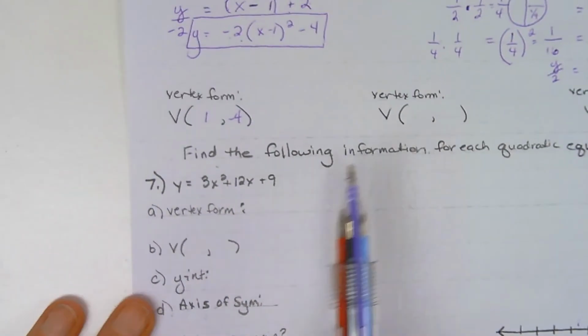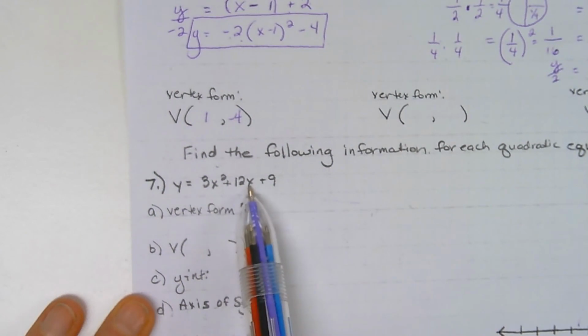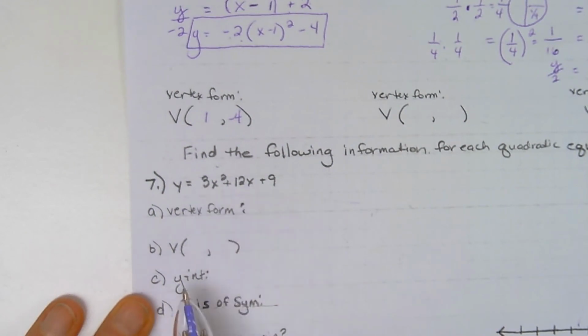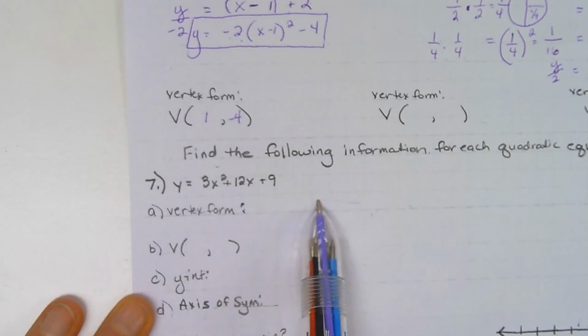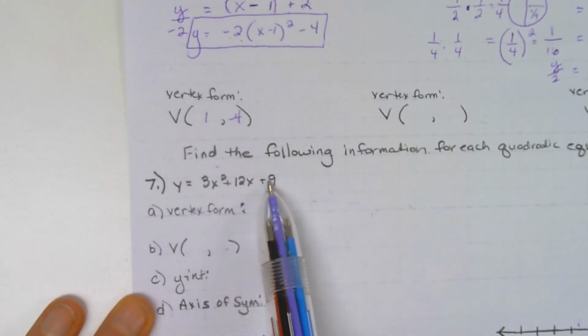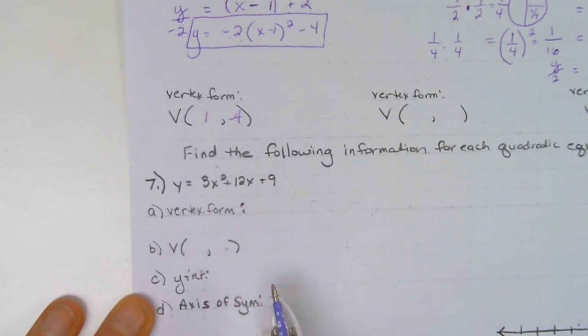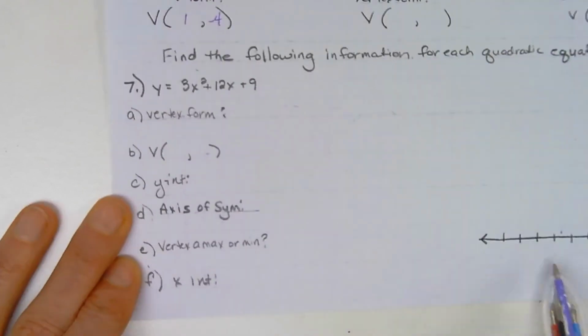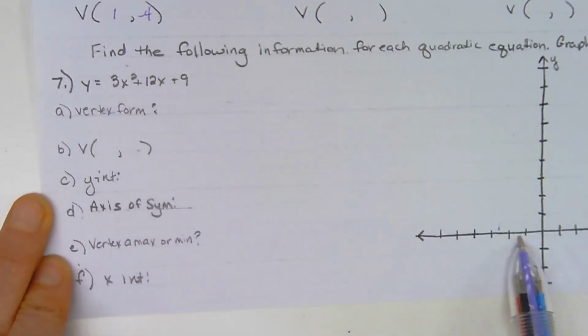We'll go through that again. Change this into vertex form by dividing everything by 3. It takes a little bit. Then find the vertex. Your y-intercept is right here from the standard form. Your axis of symmetry is the x-coordinate of the vertex. Determine if the vertex is a max or min, and see where the graph intercepts the x-axis. Those are your x-intercepts.